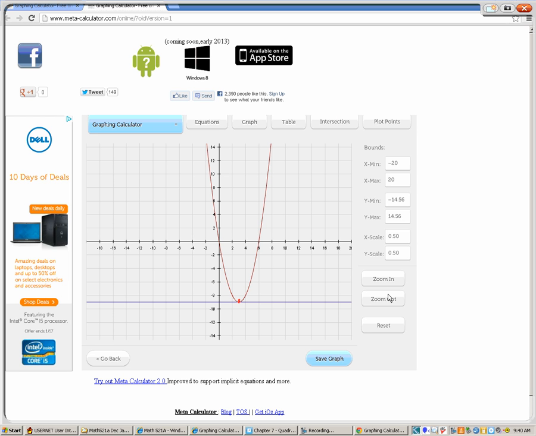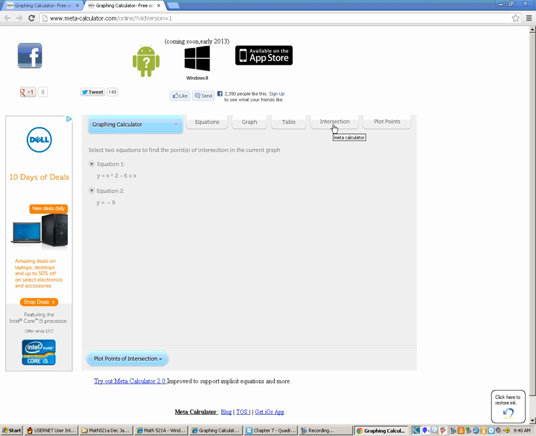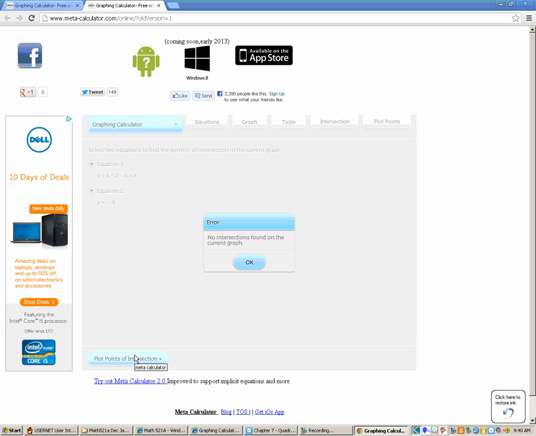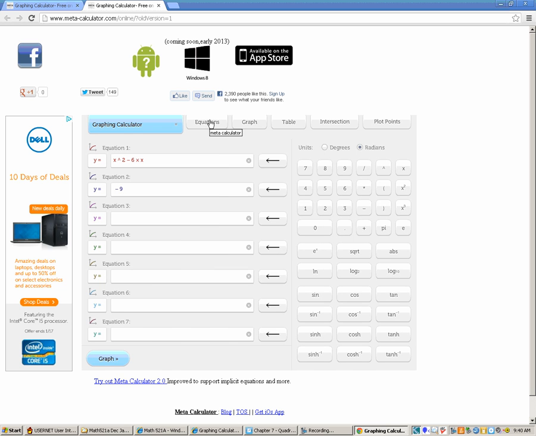Oh, I have to get rid of the drawing I did. Okay, click on intersection, make sure the two equations are picked, and find where they intersect. There should be one point of intersection. Great. Okay, go back and make sure I did it right. Graph.